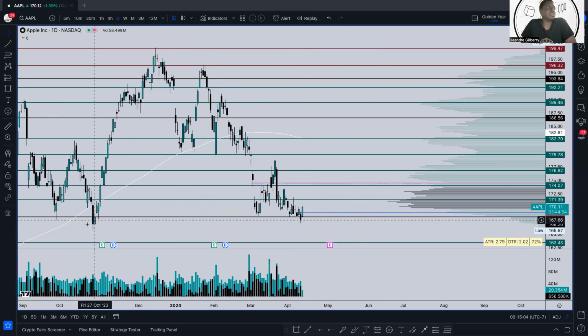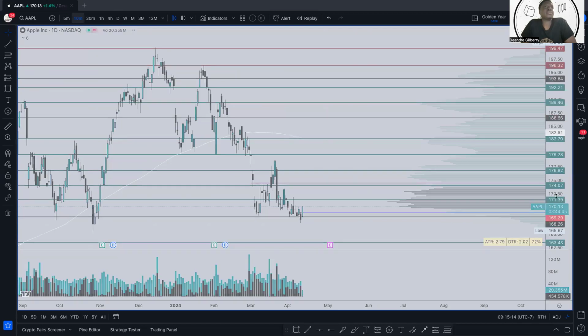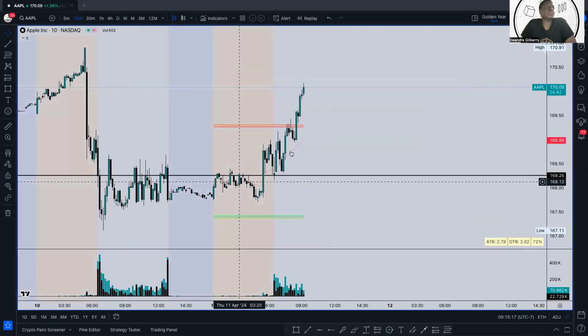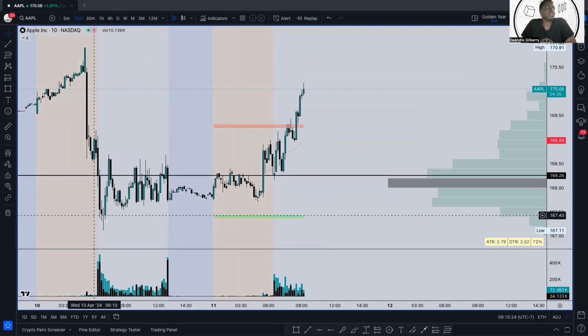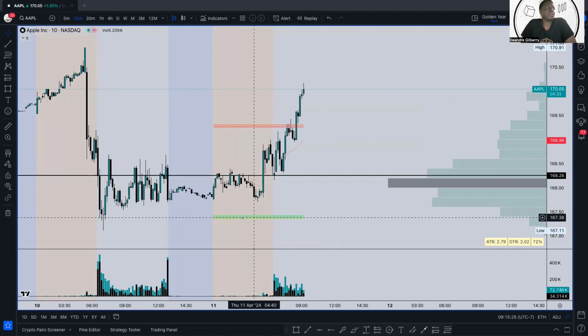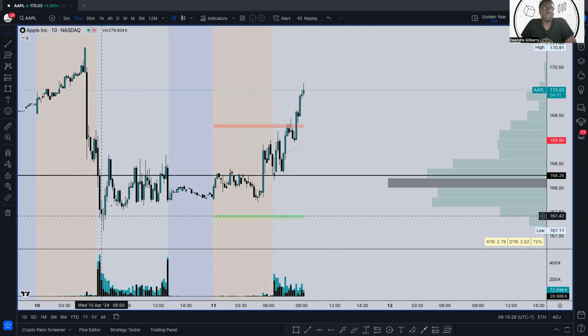But we see this right here too. It broke out before this massive push. So that was another thing. It's all about these ADRs. It didn't hit here today, but yesterday, look at that range. It hit that range right here. And they were just basing out.